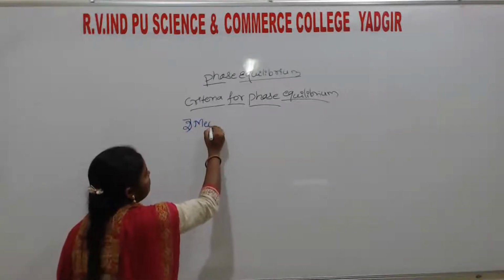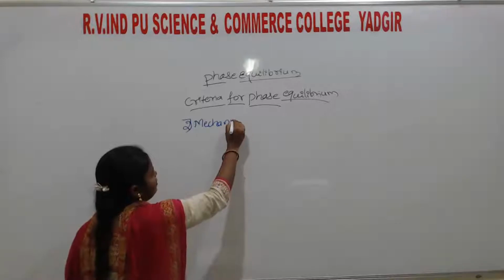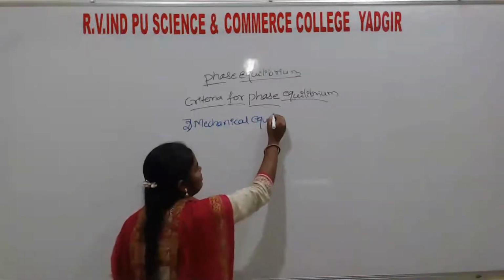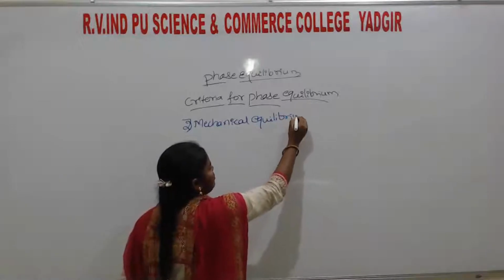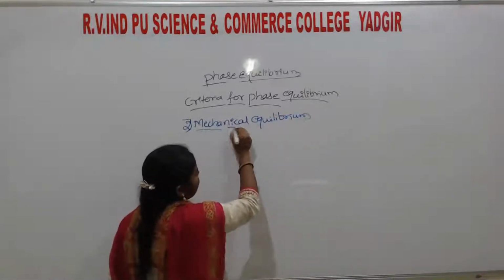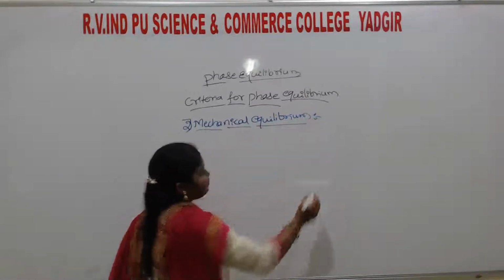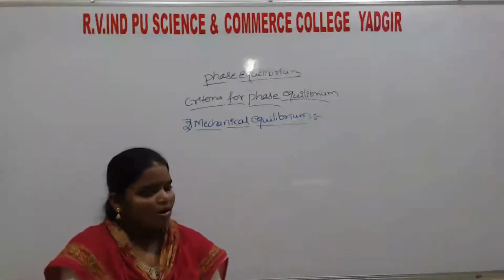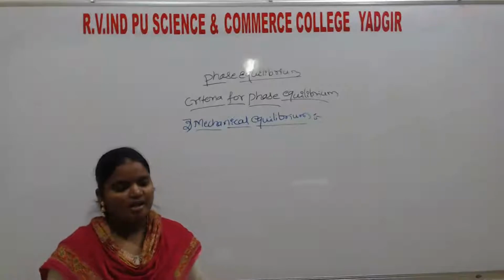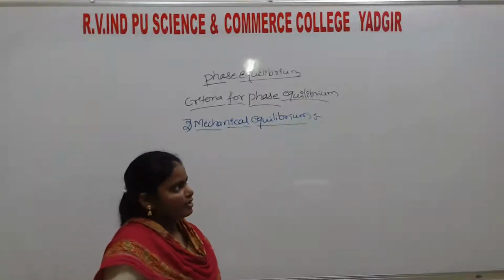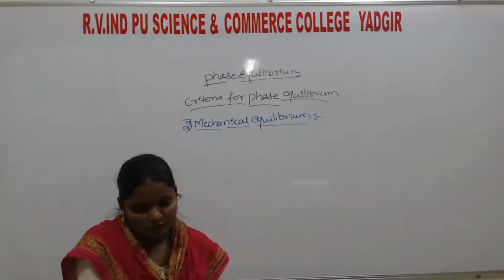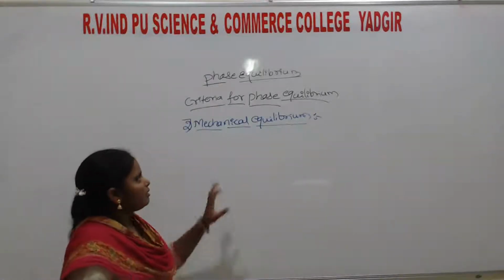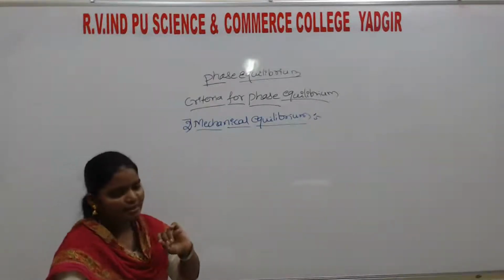Mechanical equilibrium. In mechanical equilibrium, all the phases of a system are under the same pressure. In all phases, the pressure is the same. In any system, you have to consider this in mechanical equilibrium.